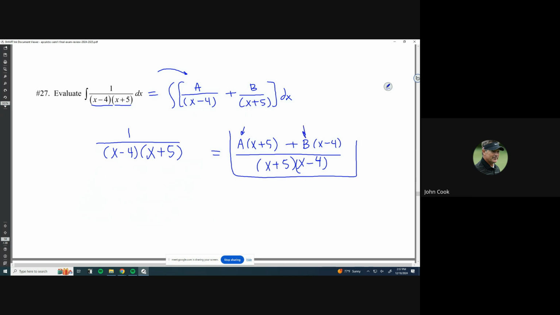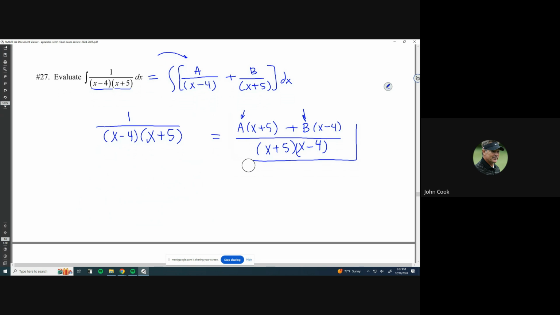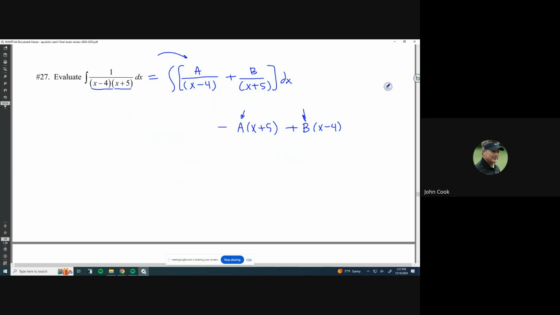And I'm going to tell you right now that we're going to be able to solve for those with this idea. So if these two fractions are equal to each other, okay, then how do we solve for a and b? Well, the denominators are already the same, so we actually can just ignore those parts. Because if they have the same denominators, the only thing we're really interested in is the numerators at that point.